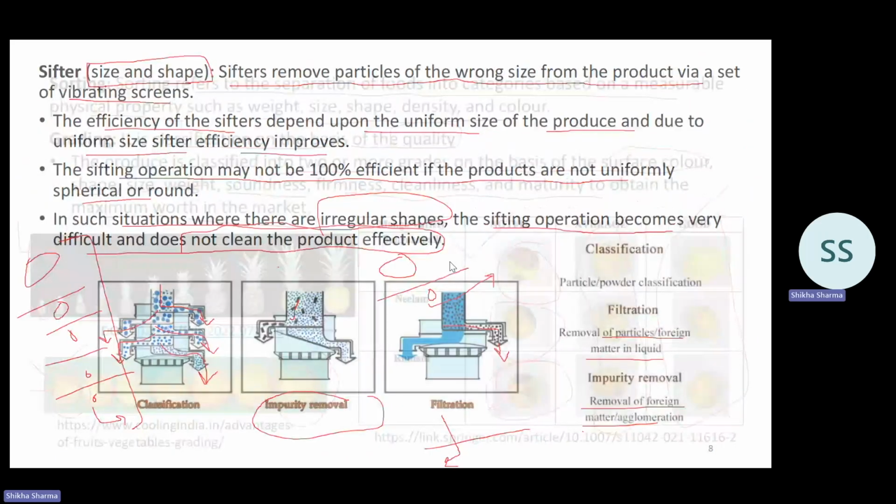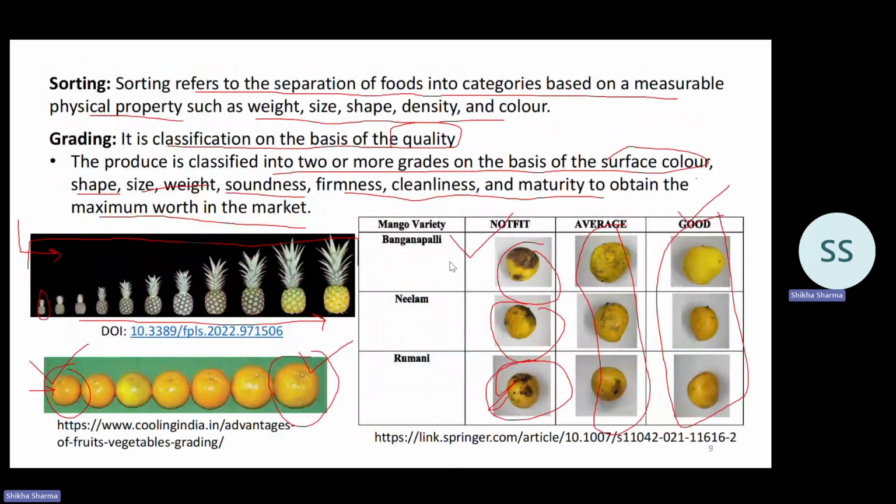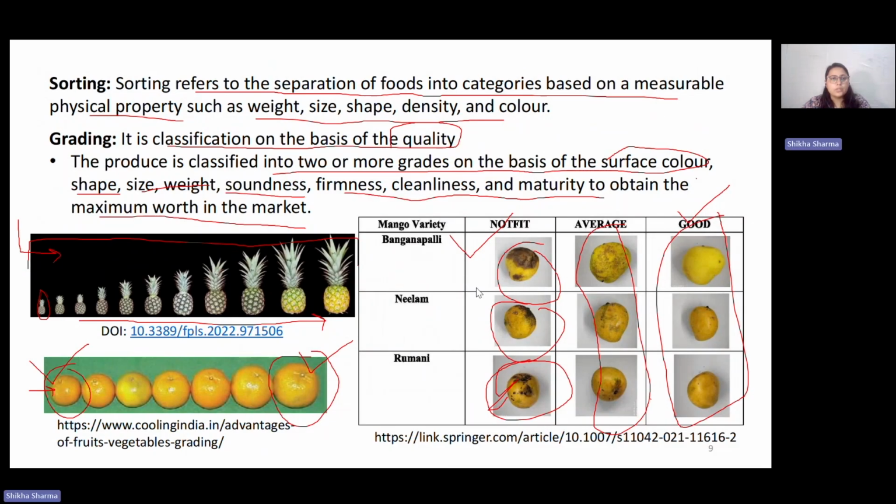We already discussed that. Now we are going to discuss sorting and grading of the products. What is the difference between sorting and grading? Sorting is basically classifying based on a physical property, whereas in grading we are classifying based on different properties.